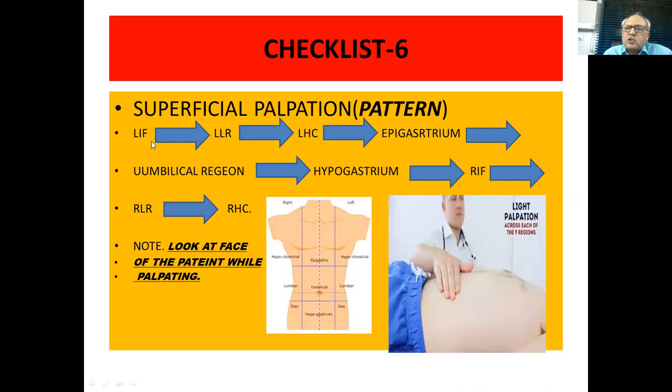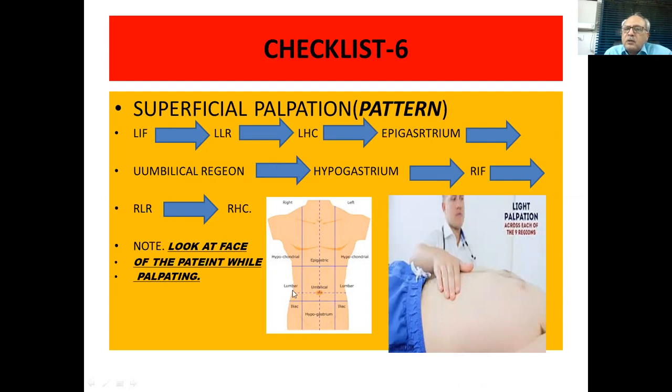Remember, you will start from the left iliac fossa, then the left lumbar region, then the left hypochondrium, then move toward the epigastrium, then toward the umbilical region and hypogastrium, right iliac fossa, right lumbar region, and right hypochondrium. So you palpate all 9 regions of the abdomen.